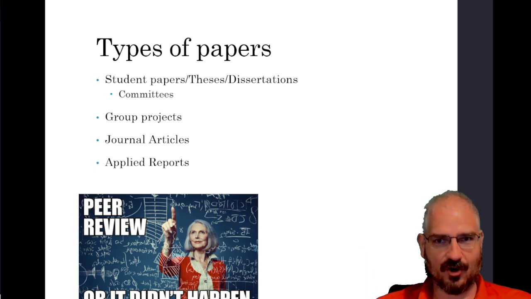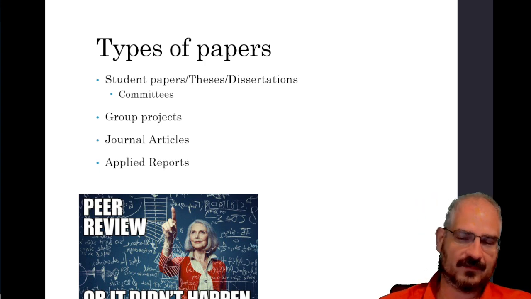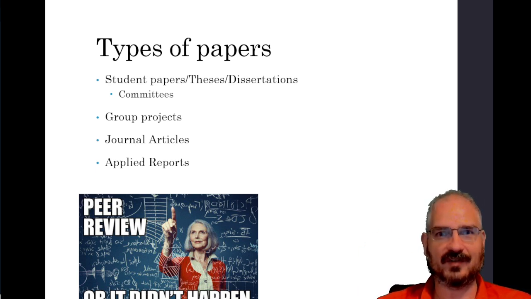So then the journal gets these 3 reviews back, decides what to do based on those 3 recommendations, and then sends it back to the original author, either with accept or reject or revise and resubmit. Here are the comments we got from the reviewers. Fix these problems and please resubmit it. And then we'll send it out to 3 more reviewers and hopefully we'll get an acceptance at that point, right?